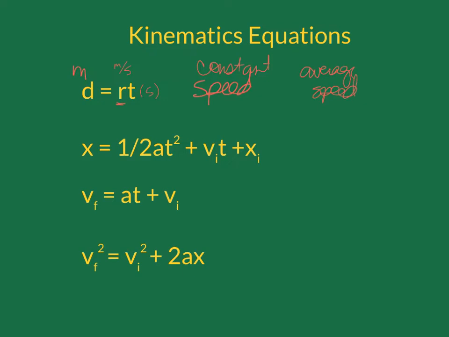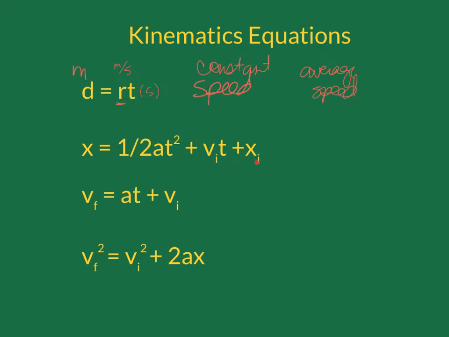The next equation is, okay, a lot of people have trouble with the math of this one, but it's just x equals 1/2 at squared, a being your acceleration, and then v initial t, so you're going to multiply your initial velocity times your time, and then your x initial.